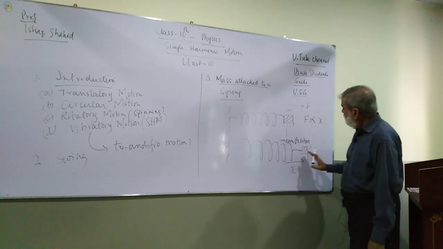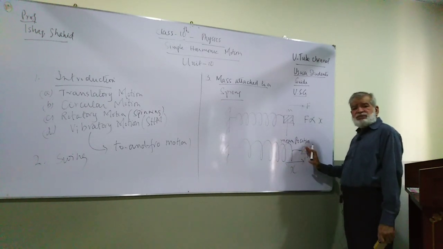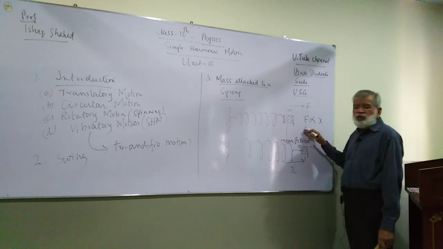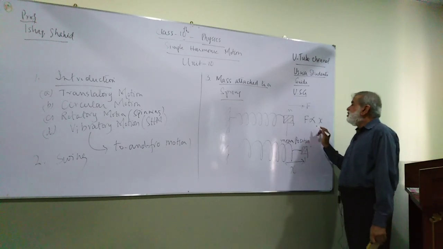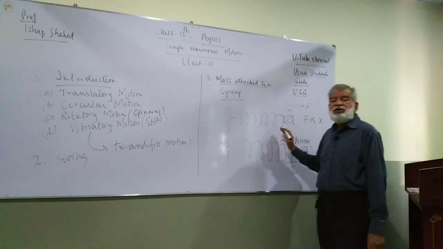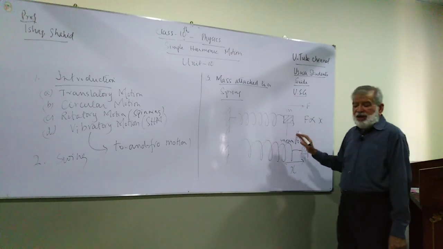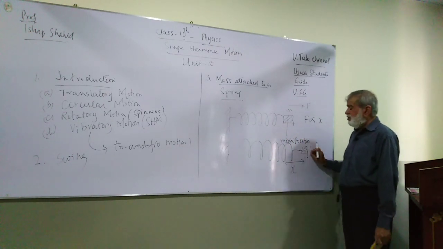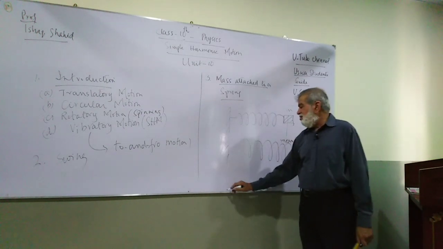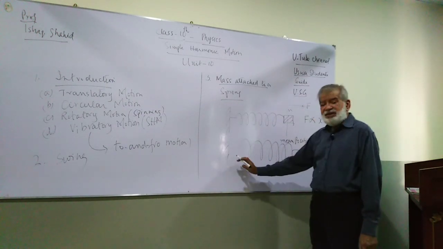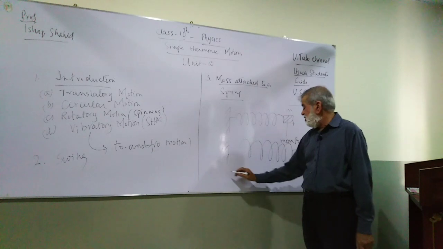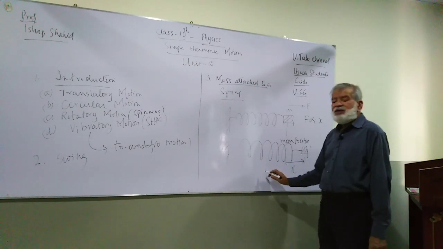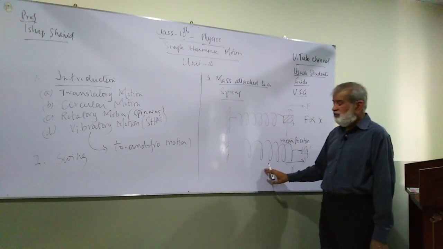The more you pull the spring towards the right, the more will be the restoring force trying to bring it back to the main position. When you release it, the mass will try to move towards the left.